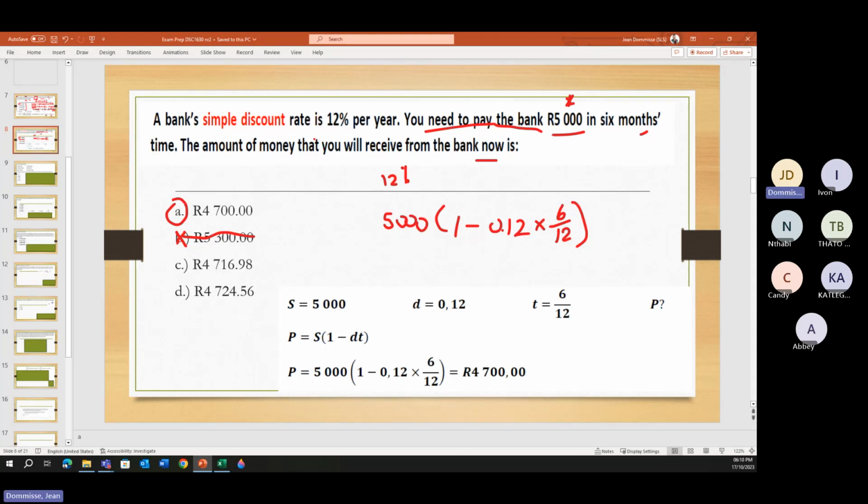So the thing with simple discount is, when we look more at this formula, they can change it a bit.